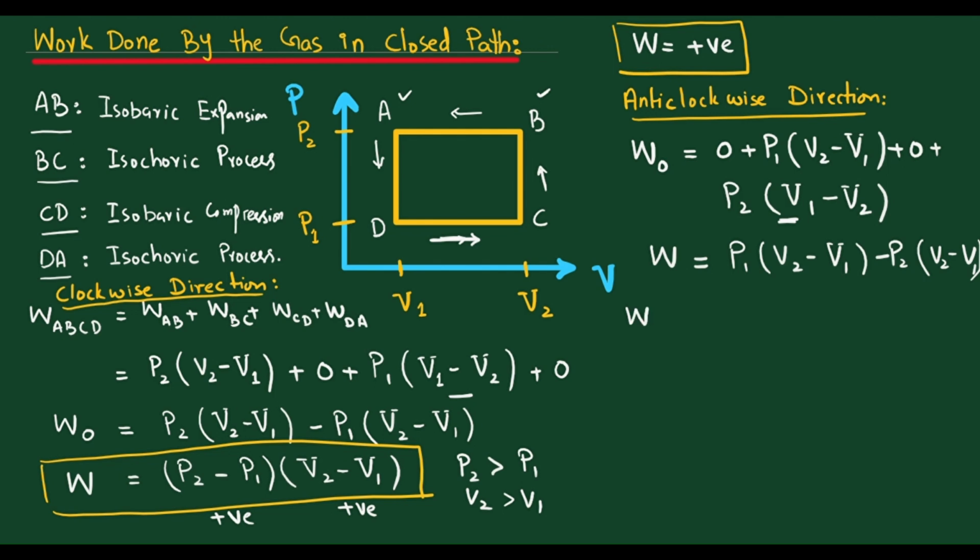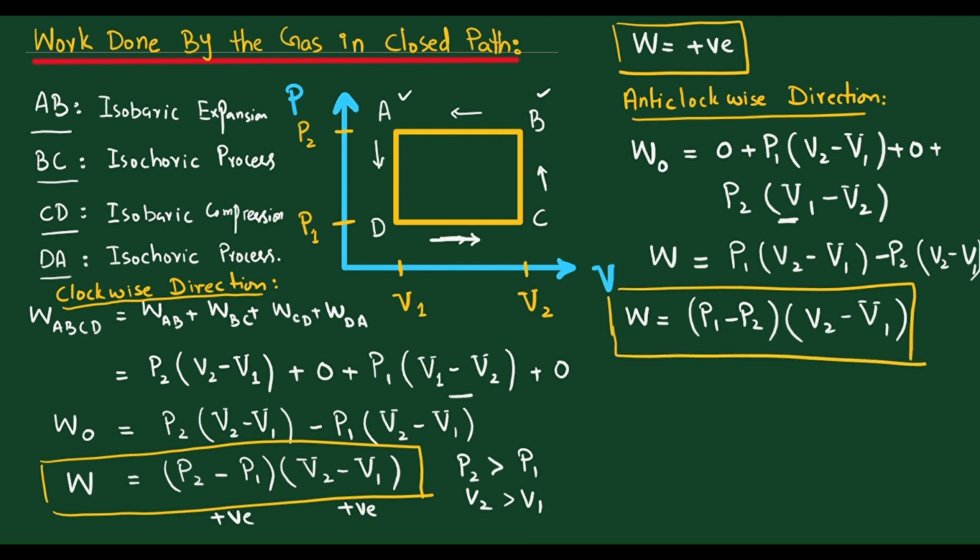Taking V2 minus V1 common from both terms, we get (P1 minus P2) times (V2 minus V1). This is the work done in the anti-clockwise direction.